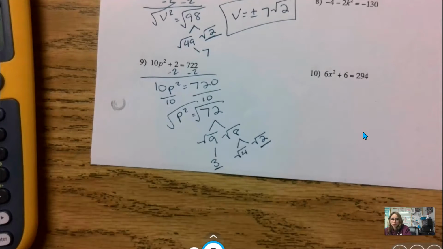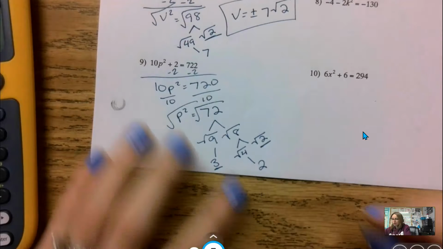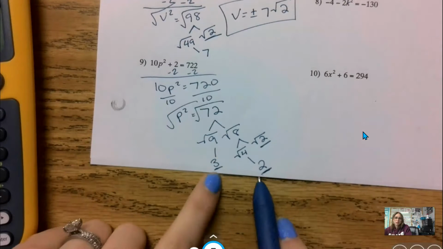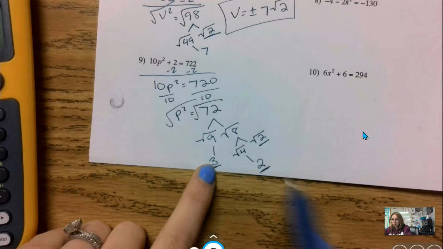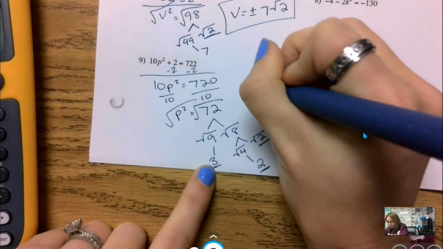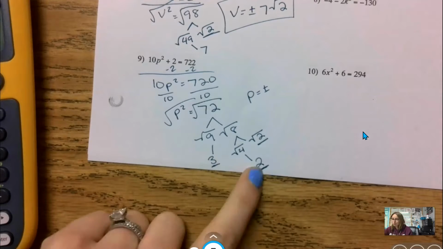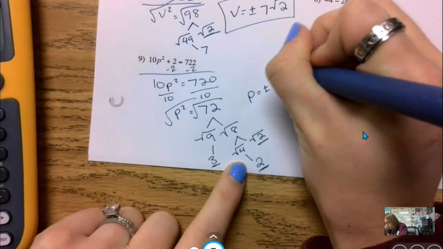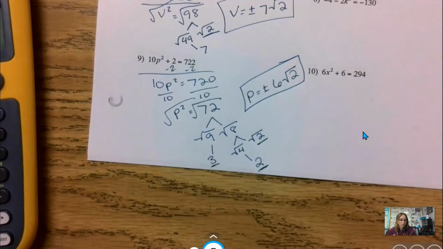Can't reduce that radical 2 anymore, and the square root of 4 is 2. Now in this situation, since I have 2 numbers outside of the radical, I need to make sure to multiply these together. So my answer is going to be positive or negative 3 times 2 is 6, radical 2. So if you don't take out the greatest square root, that is okay, because you'll just end up in a situation like this.